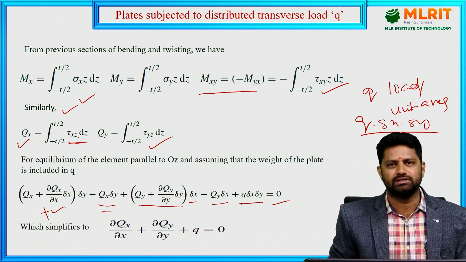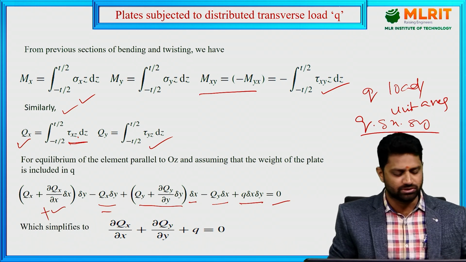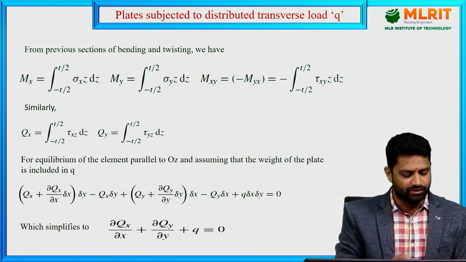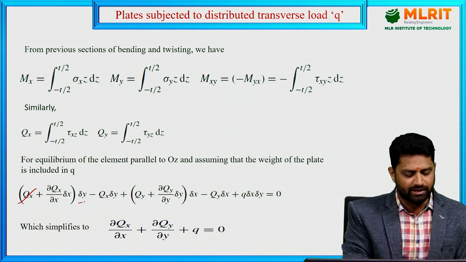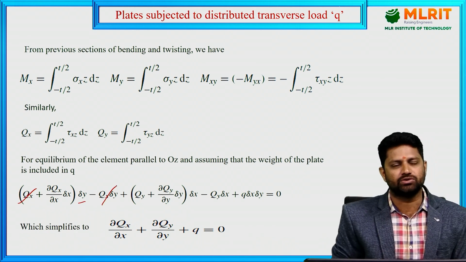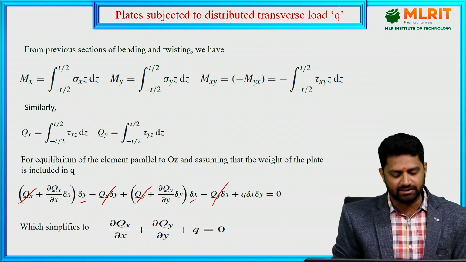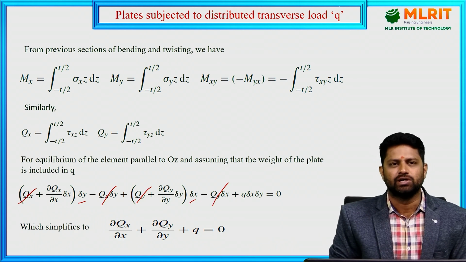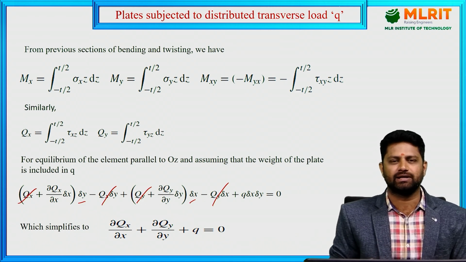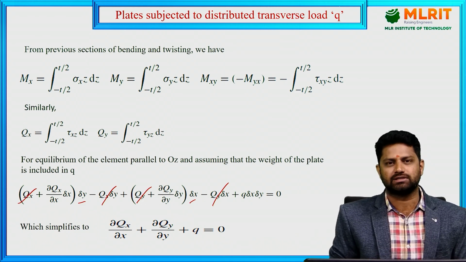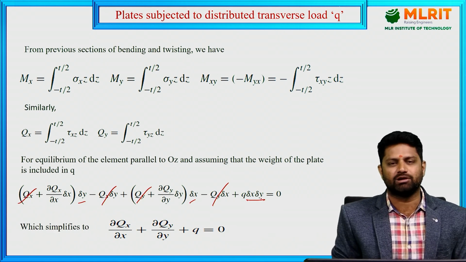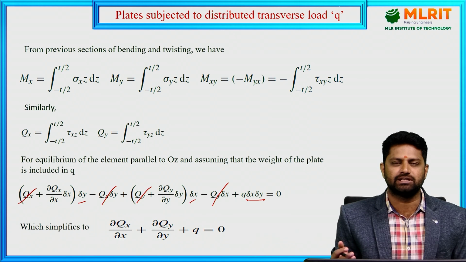Now from all these equations, you can reduce the equation: Qx into delta y cancels out with Qx into delta y, Qy into delta x cancels out with Qy into delta x, and you are left with dou Qx by dou x into delta x into delta y plus dou Qy by dou y into delta x into delta y plus Q into delta x into delta y, out of which you can take delta x and delta y common from the complete equation and set it equal to 0.